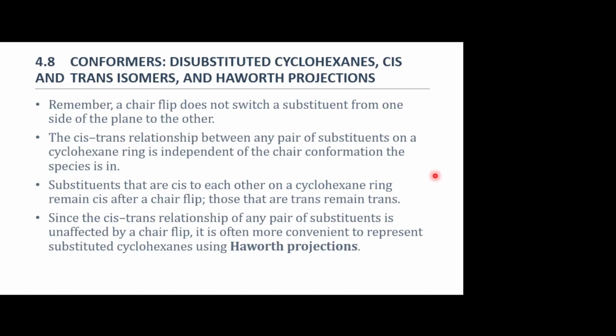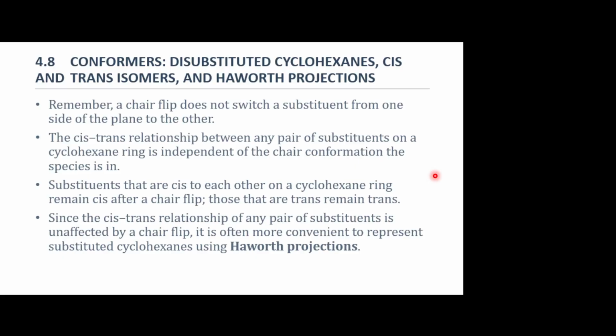Now, the cis-trans relationship between any pair of substituents on a cyclohexane ring is going to be independent of your chair conformation because, again, they don't change whether they're on the top or bottom of the ring. That doesn't change, right? Think of it a bit like this. You have your hand. Let's say we have a ring on the hand. It's pointing upwards, right? Does closing my fist cause the ring to start pointing inside my hand?